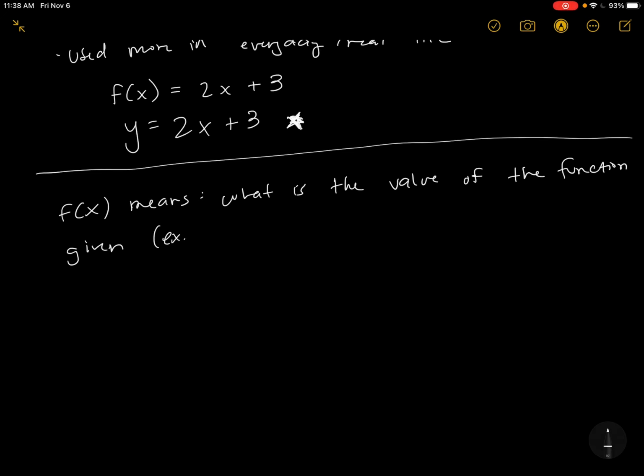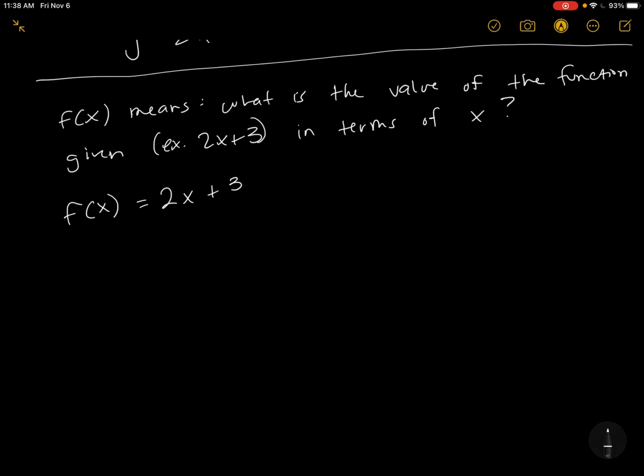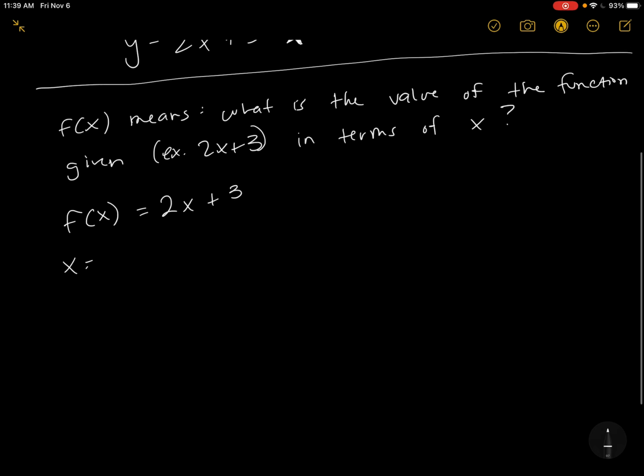So for example, above it's 2x plus 3 in terms of x, and whatever x is. So there's actually lots of right answers because it depends on whatever your x is. So if I rewrite this, let's say, what if x equals 2?